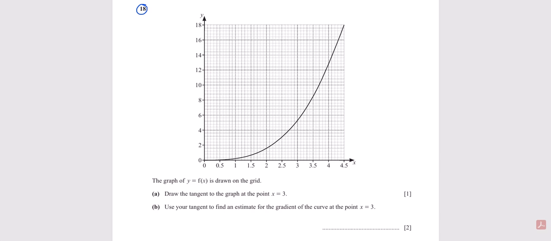Question number 18. The graph y is equal to f of x is drawn on the grid. Draw the tangent of the graph at the point 3. Here is the point 3.